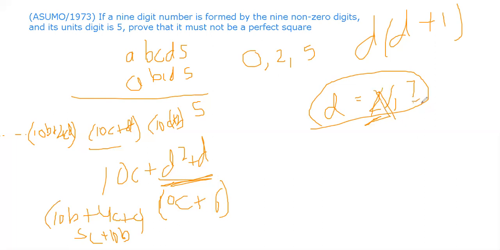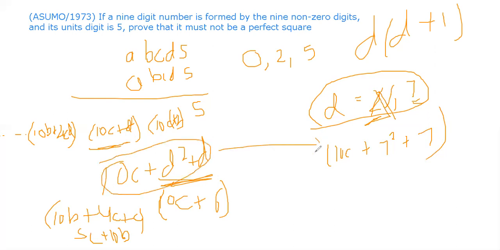Let's try the second case. If d were to be 7, this would end in 7 squared plus 7, plus 10c. So this would take the form 10c plus 7 squared plus 7, that would become 10c plus 56.